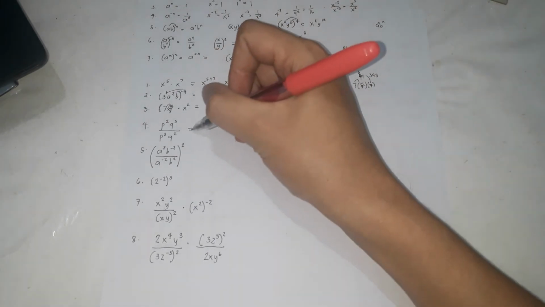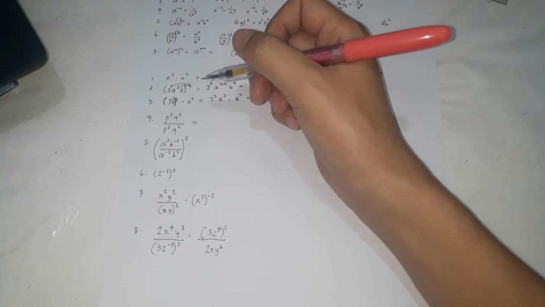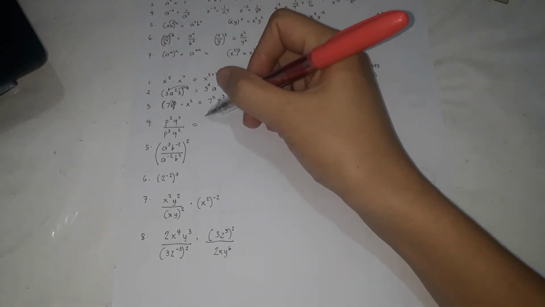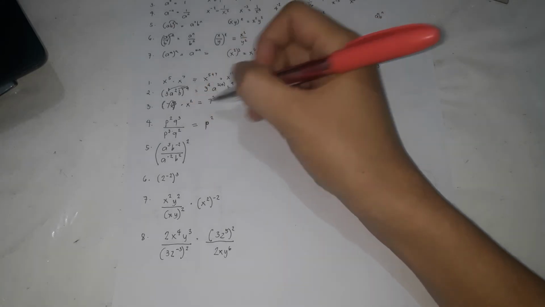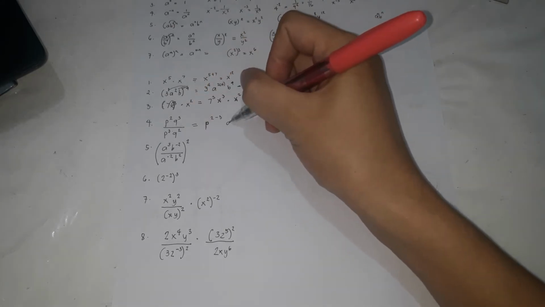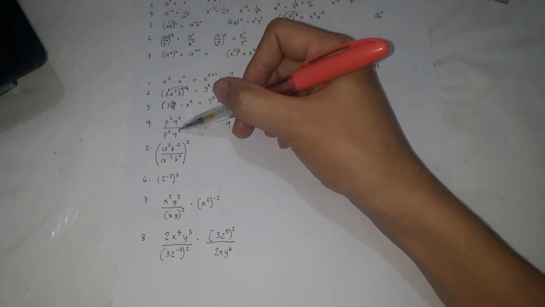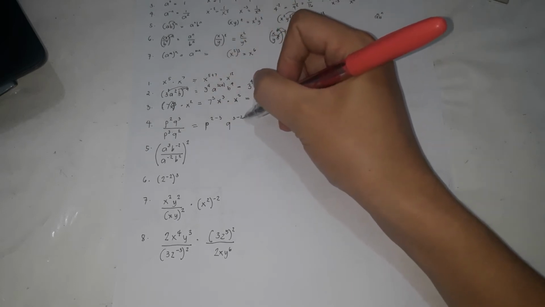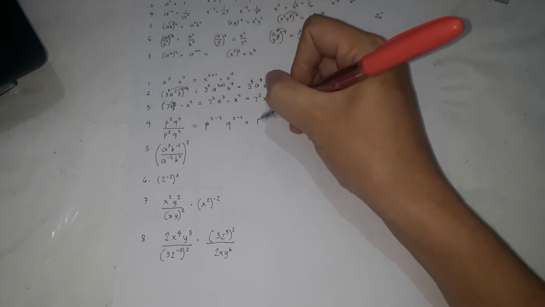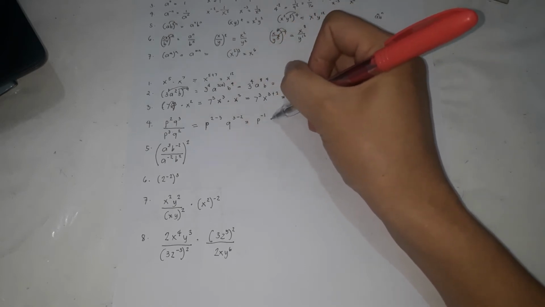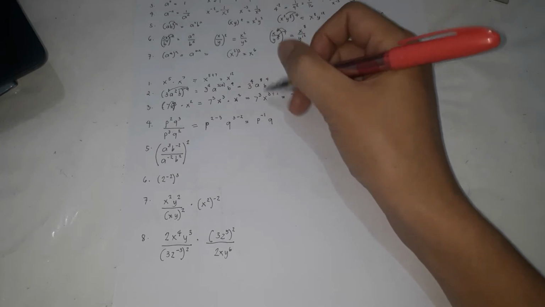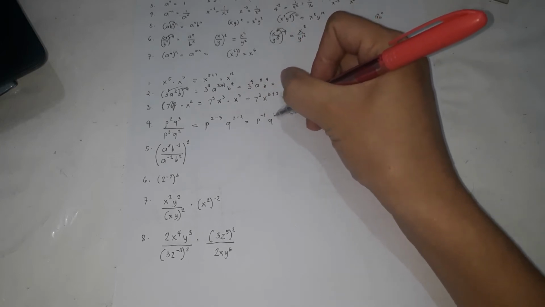Next, dito, division. So, because it's division, what you're going to do is subtract. So, sa P muna. Sa P, 2 sa taas minus 3. Q naman, 3 minus 2. Which is equal to P to the negative 1. 2 minus 3 is negative 1. Q, 3 minus 2, 1.